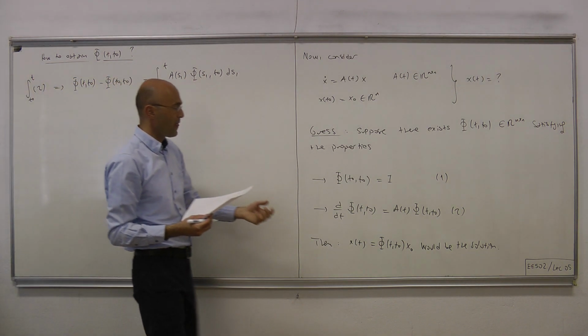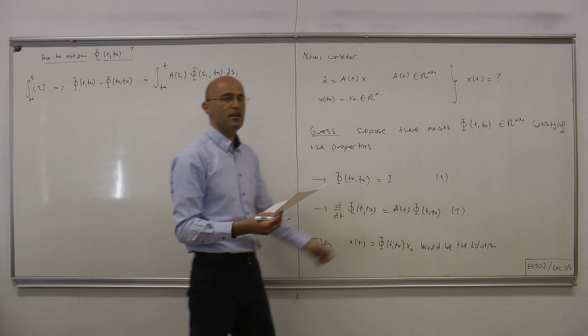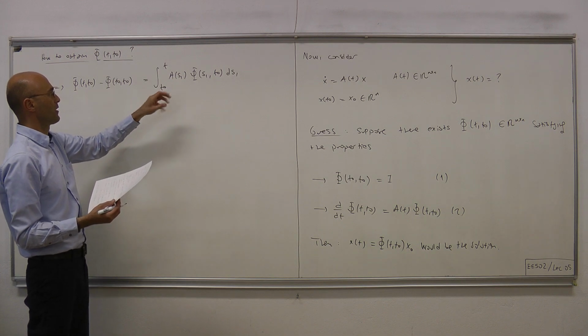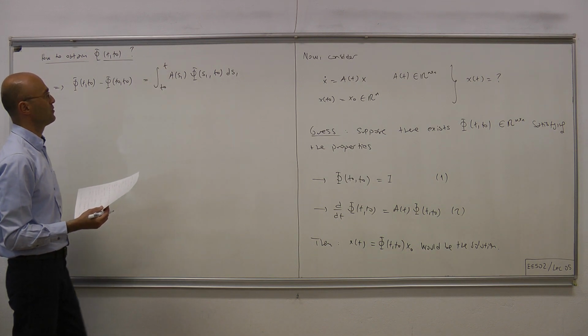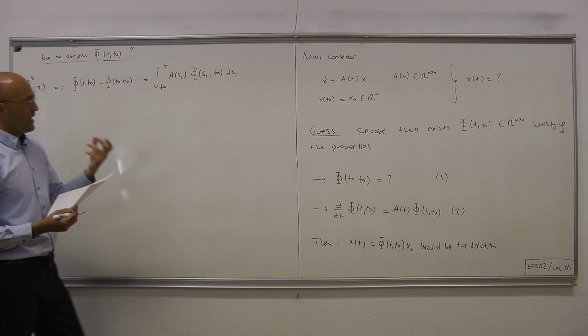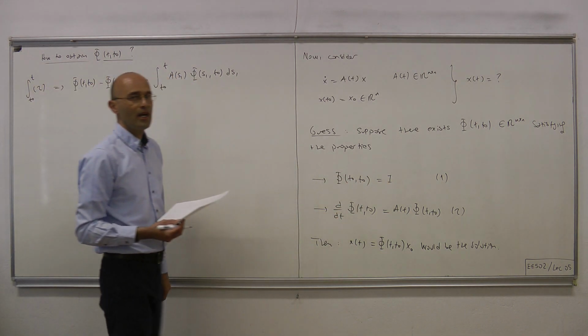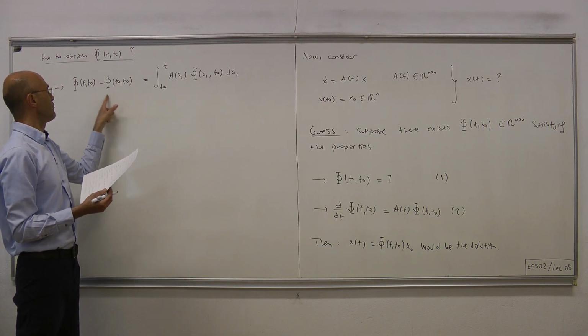So wherever we see T here, we plug in S1 and integrate with respect to S1. And the borders of integration are from T0. Now again, this time we use property 1, that is, if both arguments are equal, this matrix has to be identity. Therefore, this is identity.